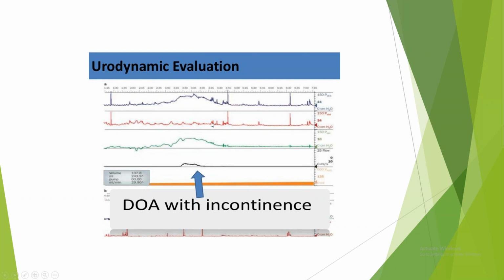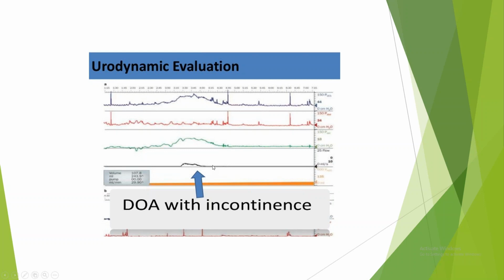Now in DO we have to see whether it is with or without incontinence. Can you see this leak flow? Some leak is observed here, so it is detrusor overactivity along with incontinence.